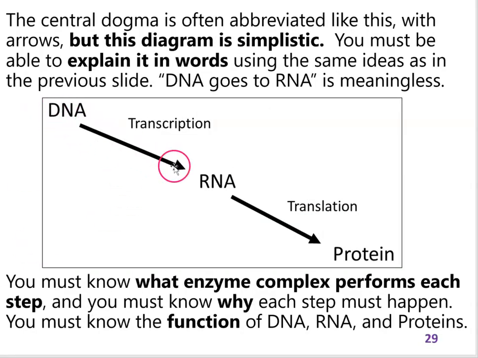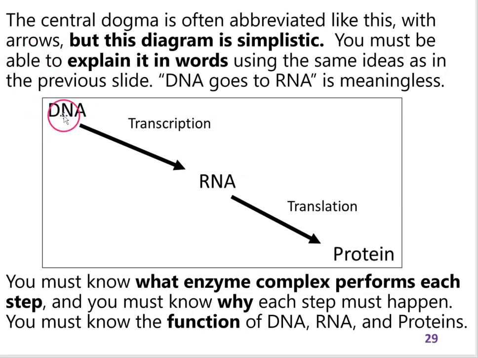So this is a diagram you'll often see related to the central dogma. DNA becomes RNA through a process of transcription. RNA becomes protein through a process of translation. This diagram doesn't tell you what DNA, RNA, protein are. You have to know at the same level of detail in the slides. And you'll notice there are no diagrams, there are no pictures of nucleotides in the slides, because I don't want you to think about their structures.